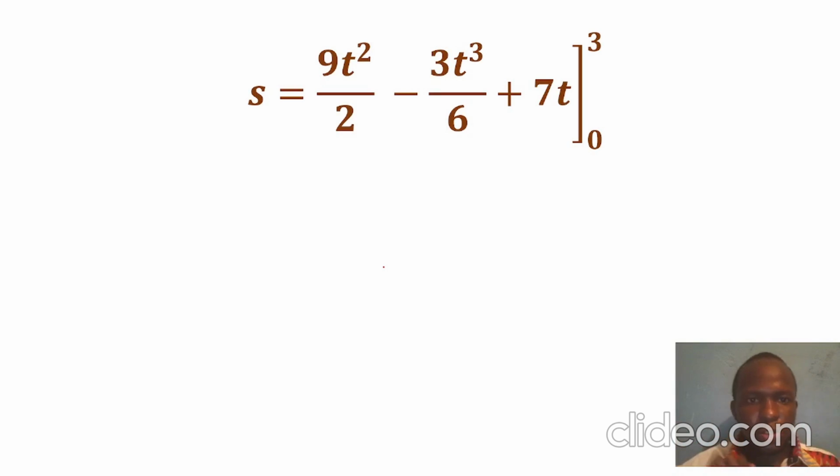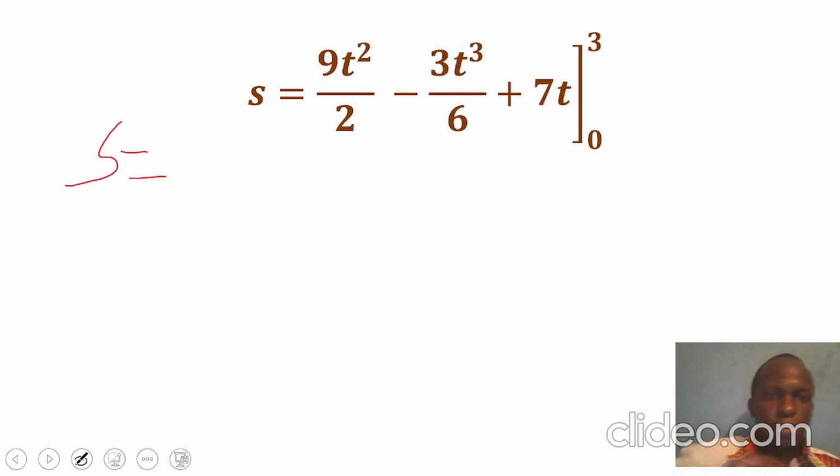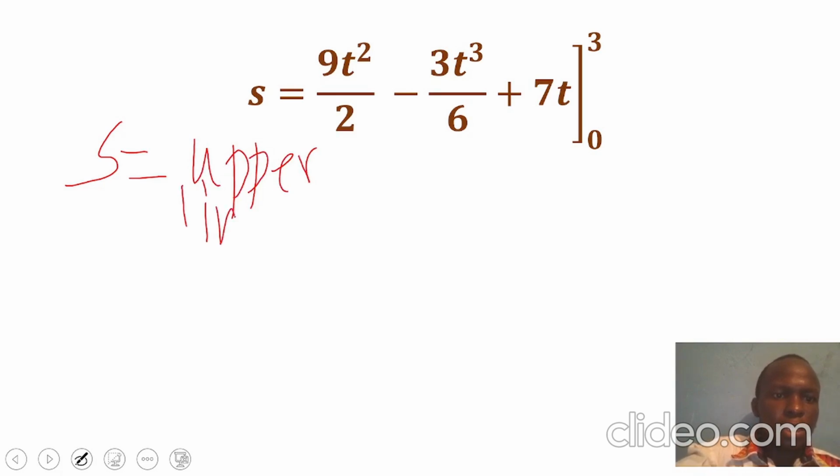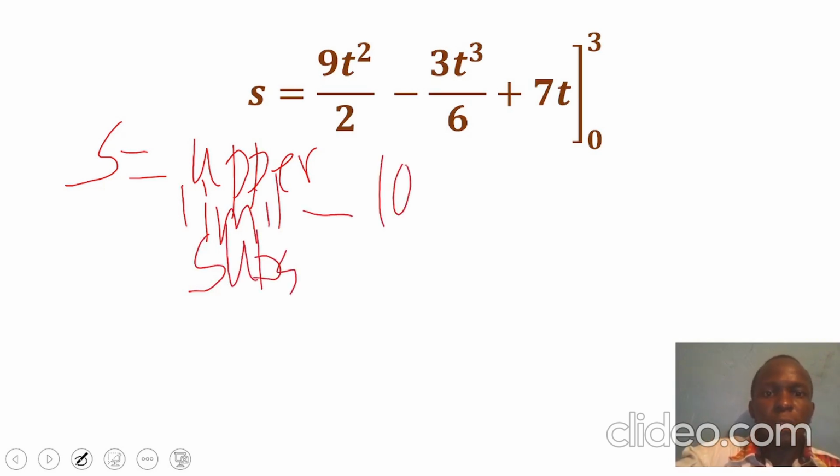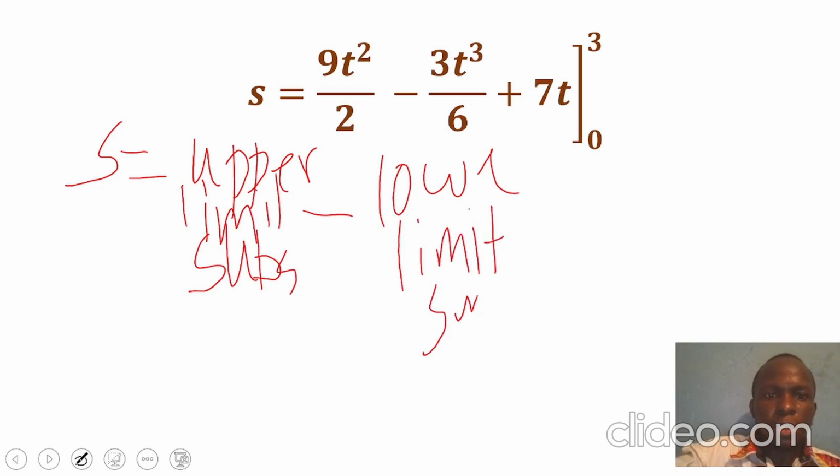So the displacement is equal to the upper limit substitution, let me call it subs, minus the lower limit subs.